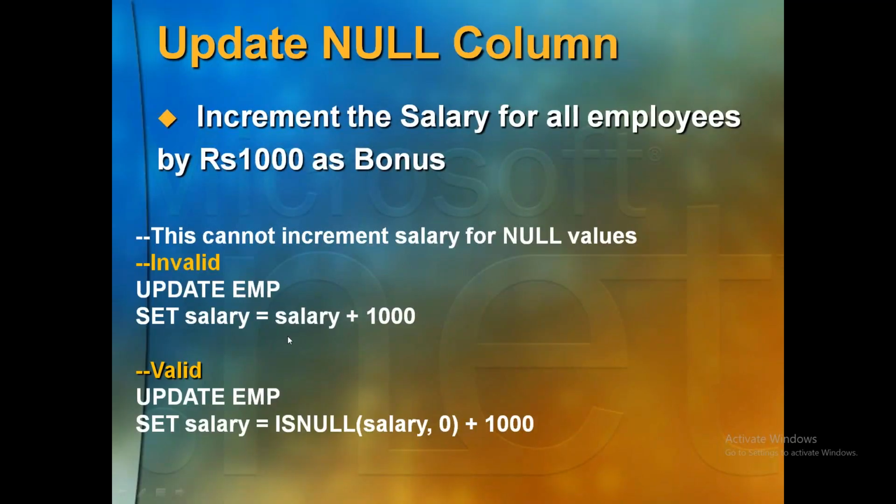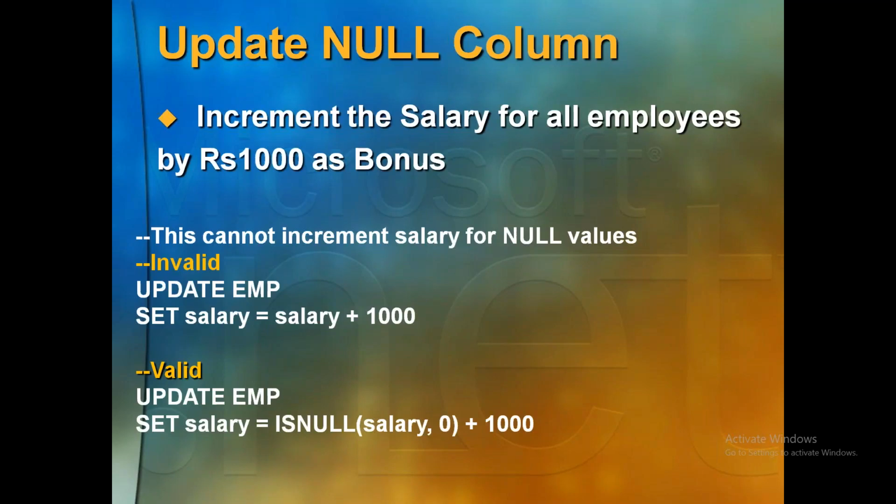When you execute like this, if at all you have nulls here, null plus some value will be null. But your requirement is that wherever there is a null value also, you need to increment by 1000. So that is not going to happen with this code. There is a bug in the code. So this is the valid code. Am I clear? All these things need to be done clearly.